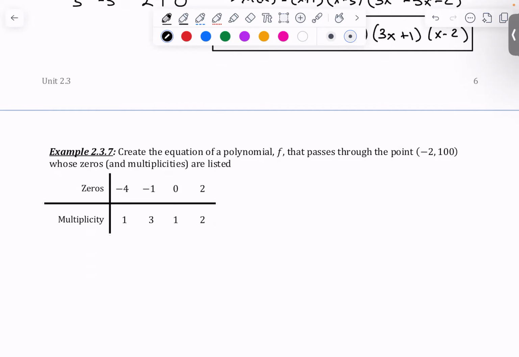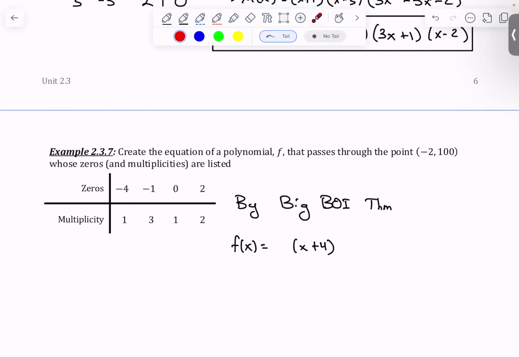Example 2.3.7: create the equation of a polynomial that passes through the point negative 2, 100, whose zeros and multiplicities are listed. Okay, so we know the zeros, we know their multiplicities, and therefore, by the big theorem, f of x will equal, leave a little bit of space, and then write x plus 4 to the first power, because we have a 0 at negative 4.